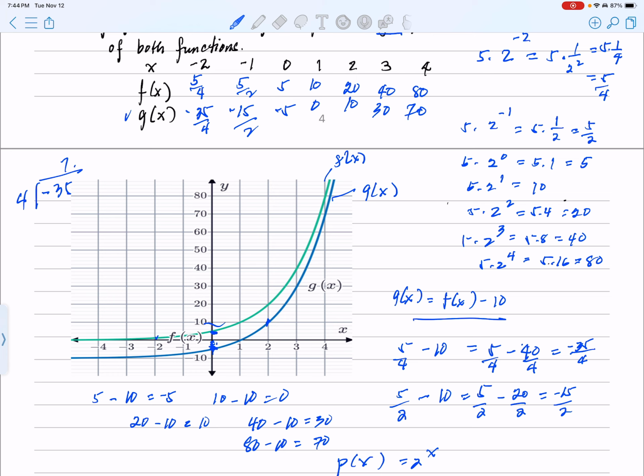I have plenty of points. When it's 3, it's 30. When it's 4, it is 70.